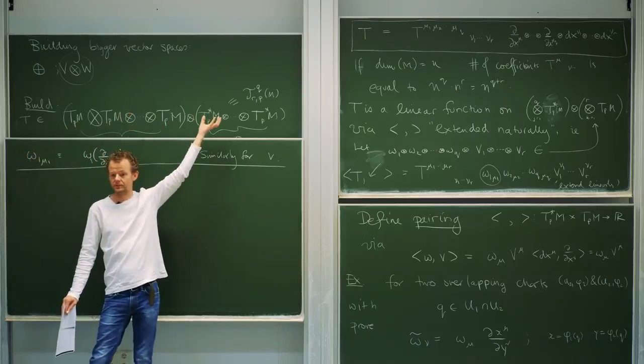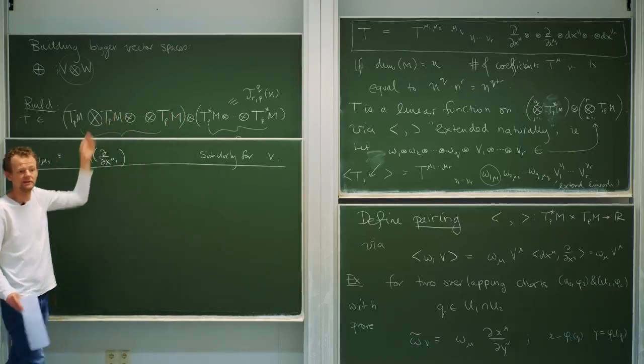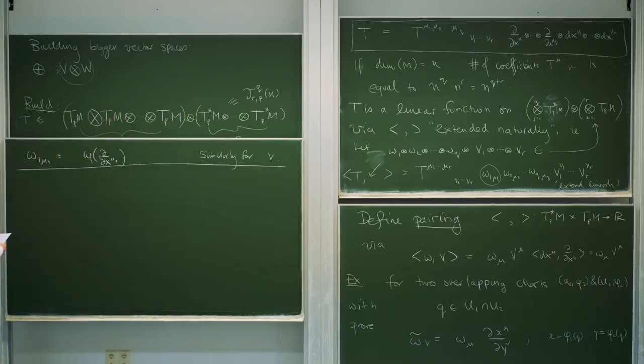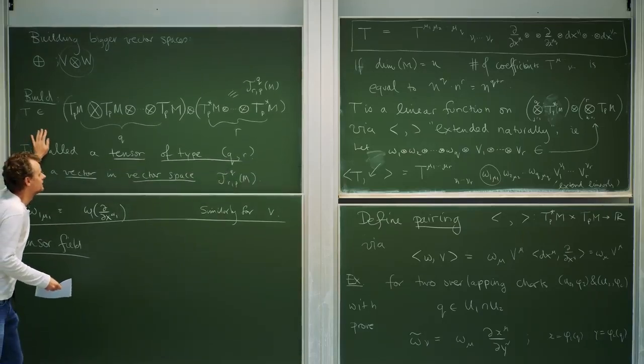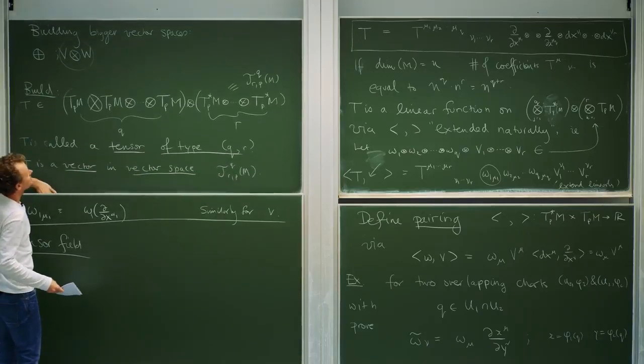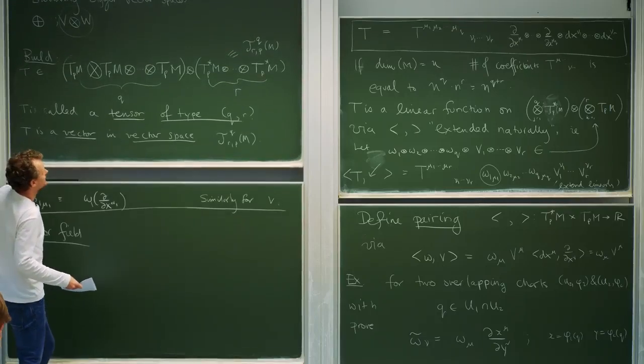And we're going to call that thing a tensor field. And the space of tensor fields will turn out to be the natural place for us to be building a theory of integration and also all kinds of other fun things.